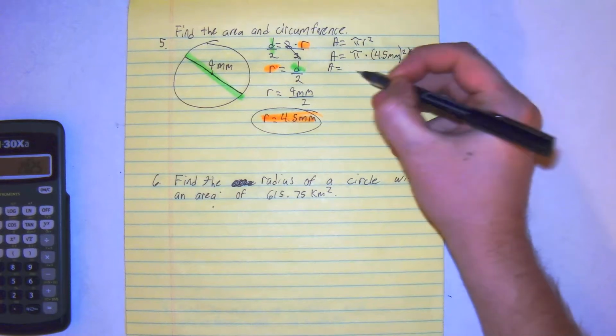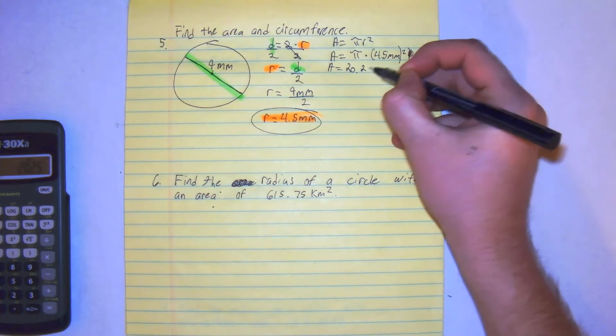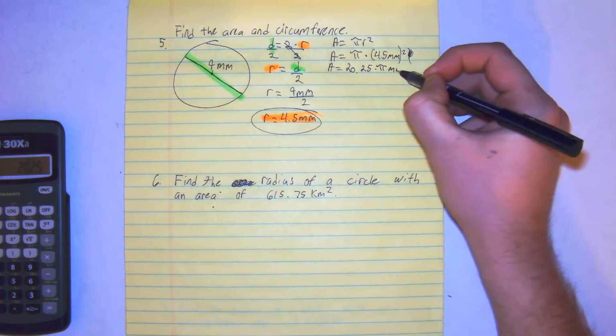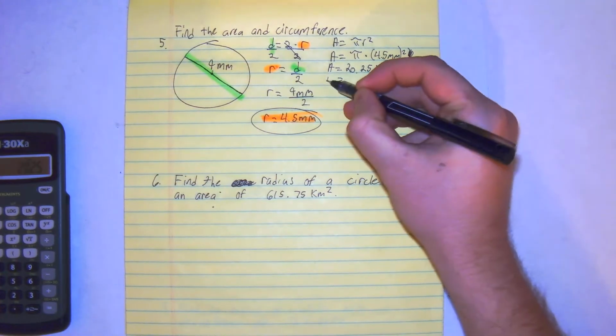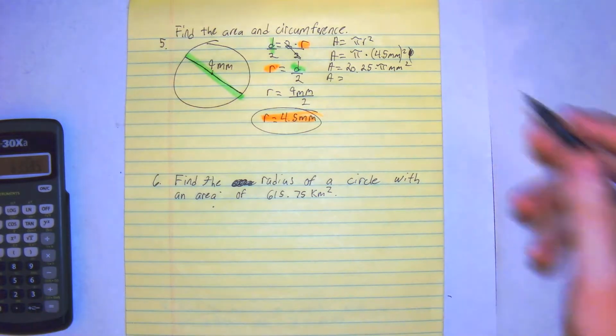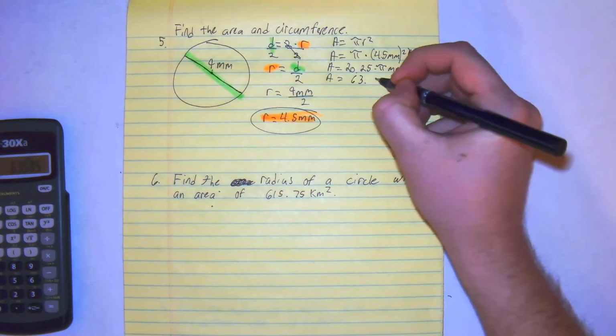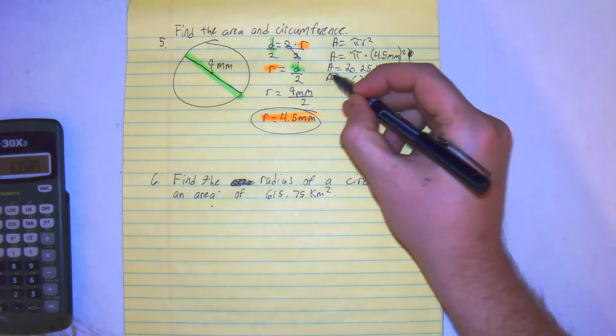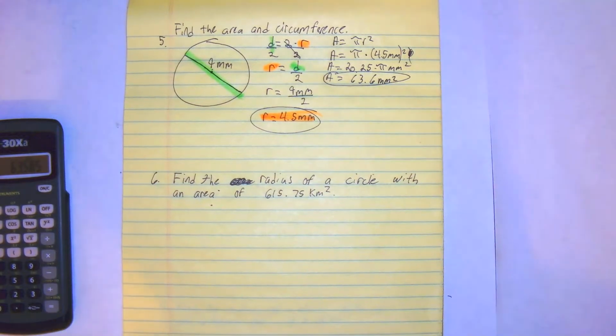Get A is equal to 20.25 pi millimeters squared, or if you want an exact answer, you multiply by 3.14 and you get 63.6 millimeters squared. And that would be for our area.